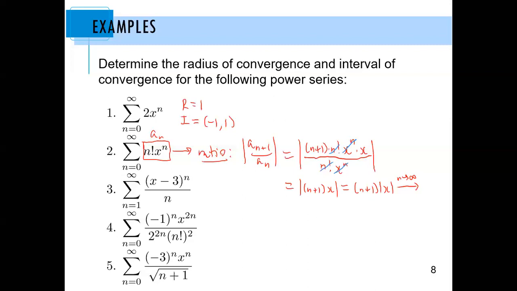Well, a couple of options. If x is anything other than 0, what's this going to go to? Infinity. This is plus infinity if x is different from 0. But what's it equal to if x is 0?